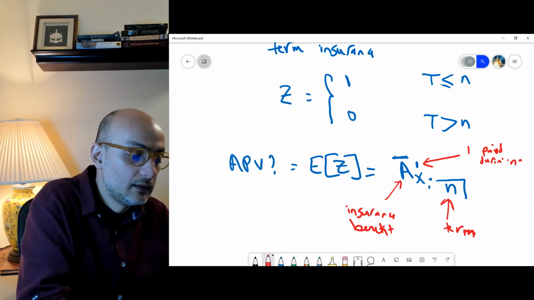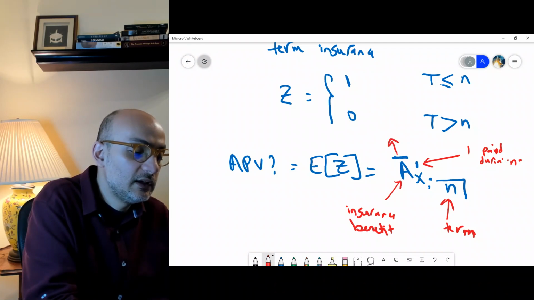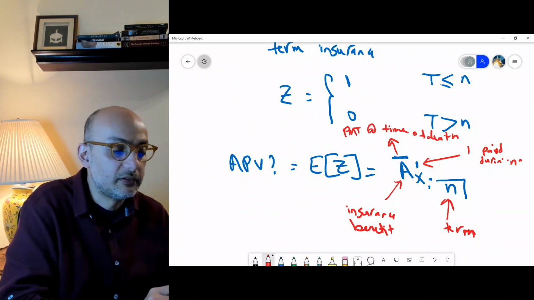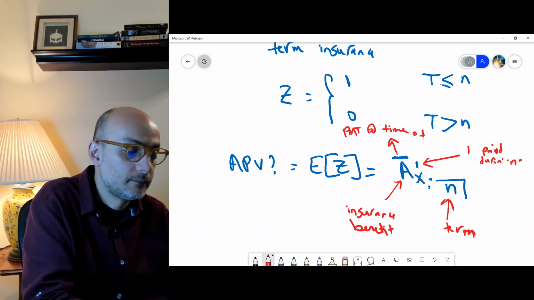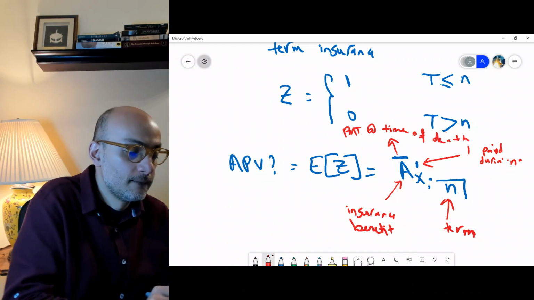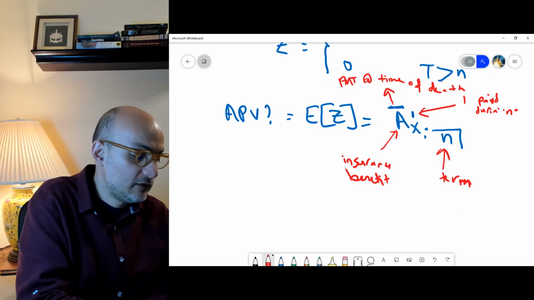This bar here says payment is made at time of death. Right? So let's write it again.